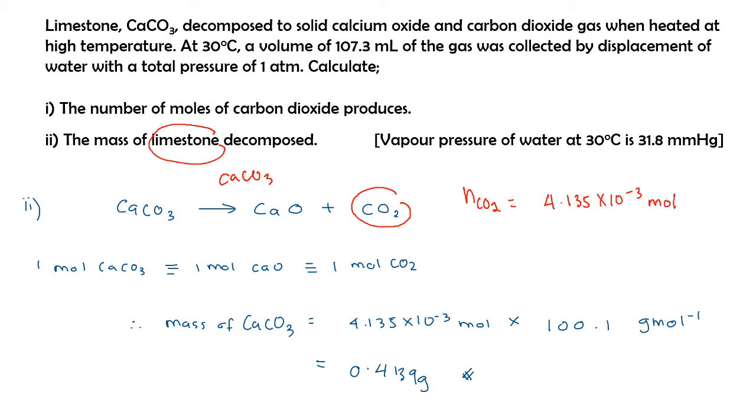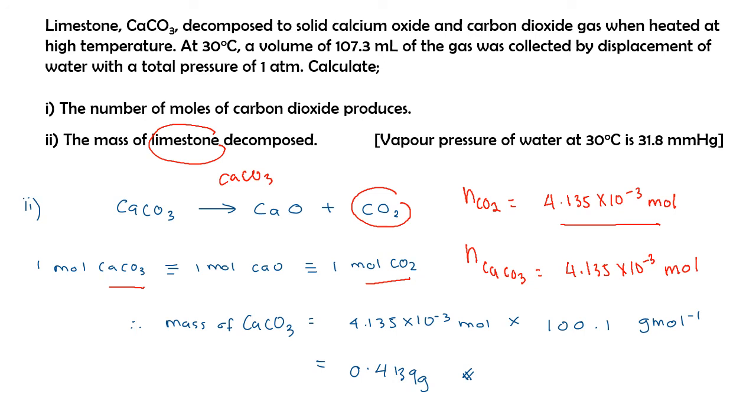Since from the balanced equation 1 mole of CaCO3 will produce 1 mole of CO2, if you have 4.135 exponent -3 mole of CO2, it comes from 4.135 exponent -3 mole of CaCO3.